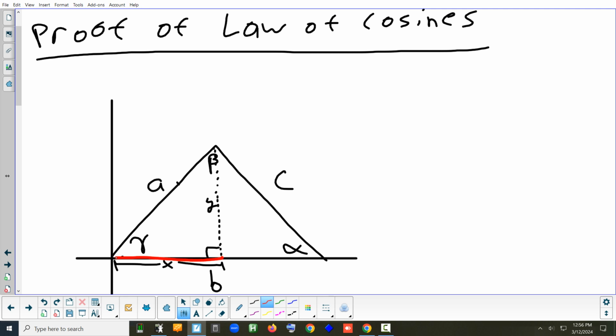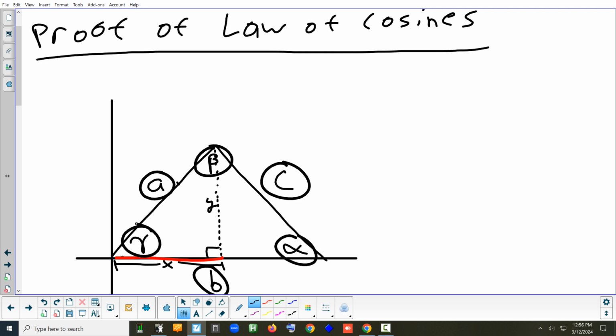Now, to figure out what the law of cosines is, it can only use letters that are in the original triangle. So the things in the original triangle were A, B, C, alpha, beta, gamma. Those are the only 6 things that can be in the formula.